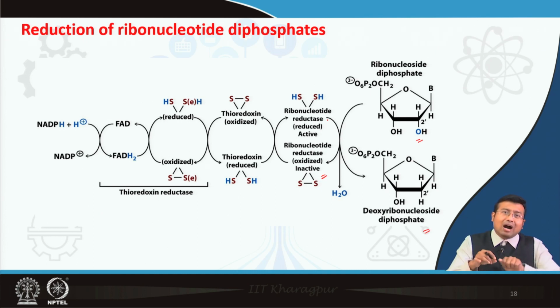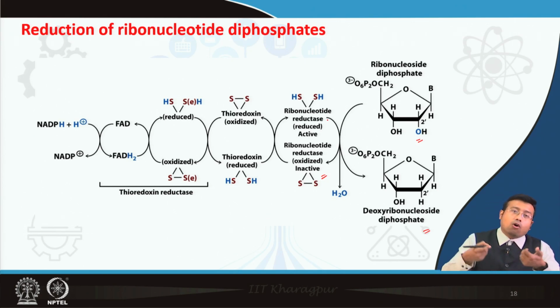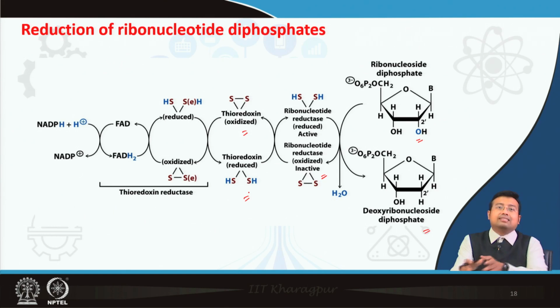So we need to reduce it again so that the activity of ribonucleotide reductase is restored. Who does that? It is done by another protein known as thioredoxin. Thioredoxin helps in reduction of ribonucleotide reductase, to convert it from oxidized form to reduced form. By doing that, thioredoxin also gets oxidized, fine, but we need reduced thioredoxin to catalyze this reaction.